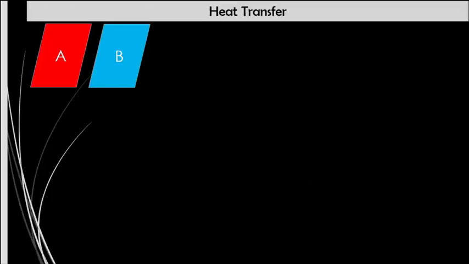So for us to know the amount of heat that is transferred from one object to another, we have to identify the concepts of how this happens.